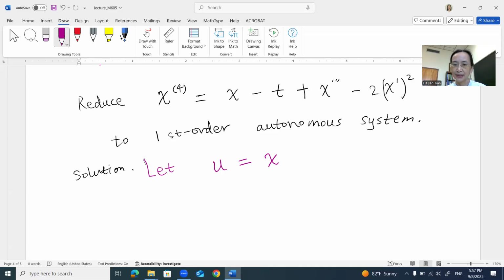Then the first derivative of X, if the previous one is U1, then let's call it U2. And the second derivative of X, we will call it U3. The third derivative of X will be U4.